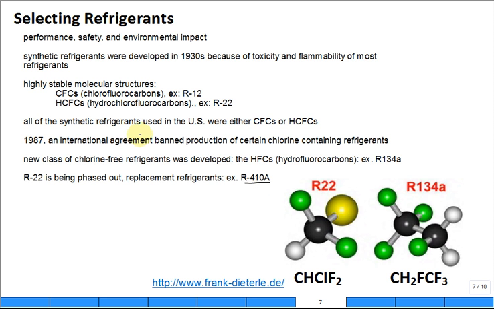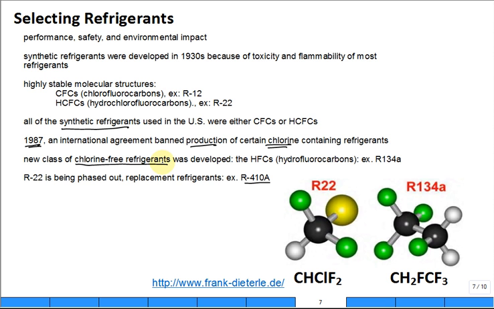So all of these were being used, but in the 70s they found out about ozone, high level, way up high altitude. They were being gobbled up by these leaky refrigerants that go up there and interact with the sun. So they started banning the production of certain chlorine, that's the bad actor, in these refrigerants. And then they had to develop new chlorine-free refrigerants.